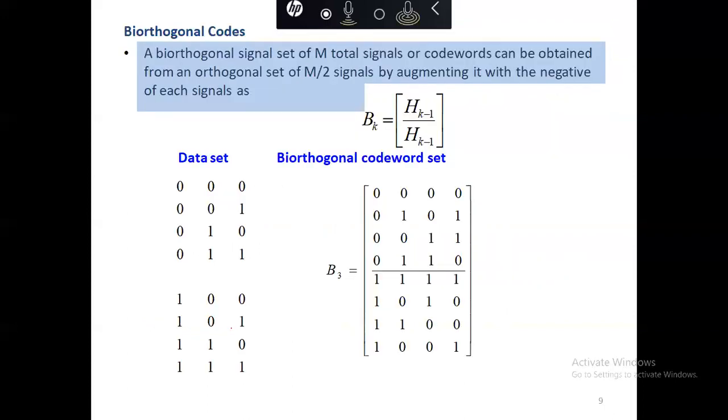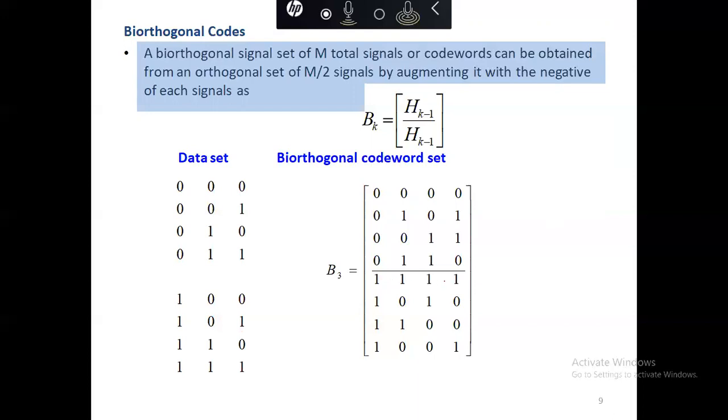So biorthogonal sequence have reduced the number of bits, but can still achieve better performance compared to the orthogonal sequence, because in this case half of the sequence are antipodal.